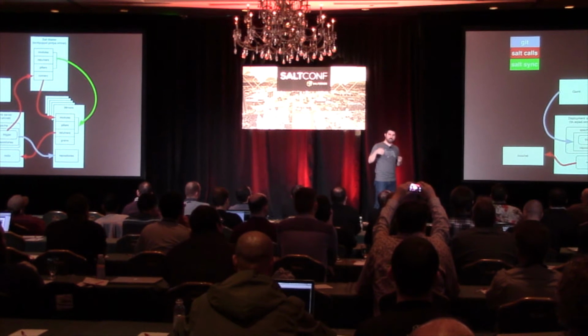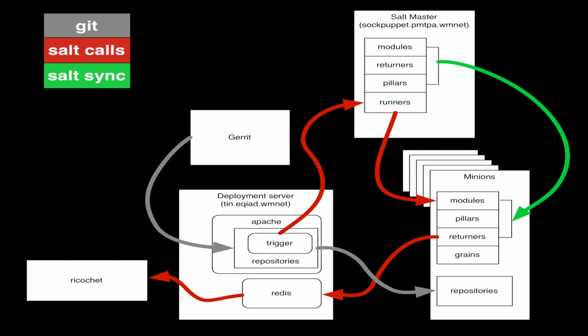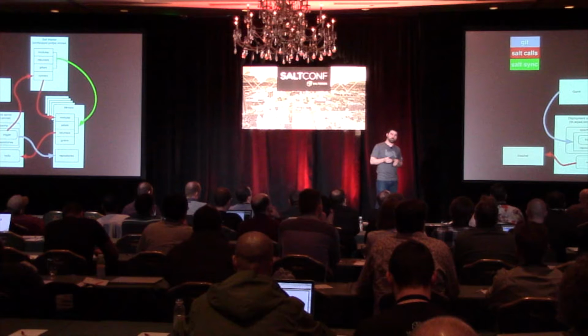So we have a deployment server. It runs Apache. We have a set of Git repositories underneath that. Inside of the repositories, you can run Trebuchet Trigger commands via git deploy. When you do a deployment, it talks to a salt master, specifically to a runner, which figures out, based on this repository, the set of minions that are targeted.